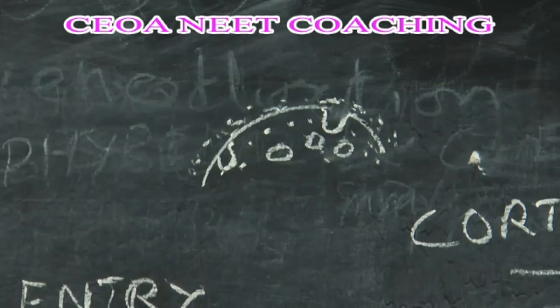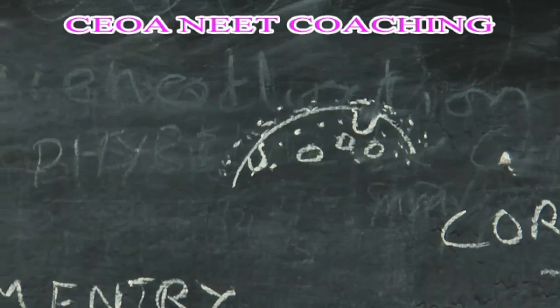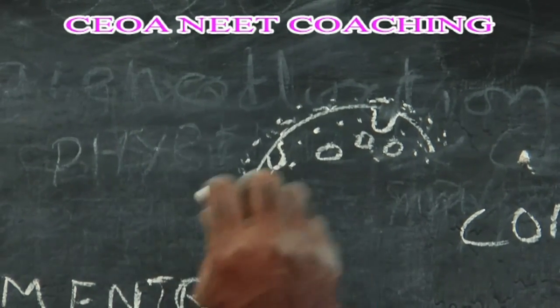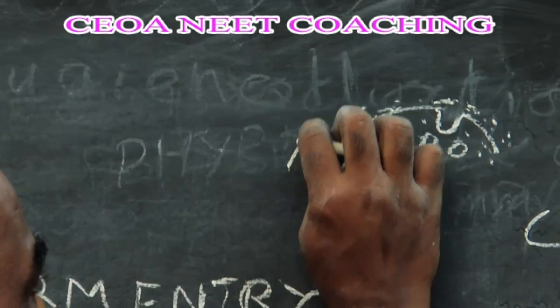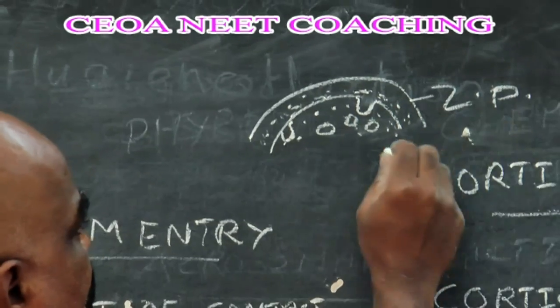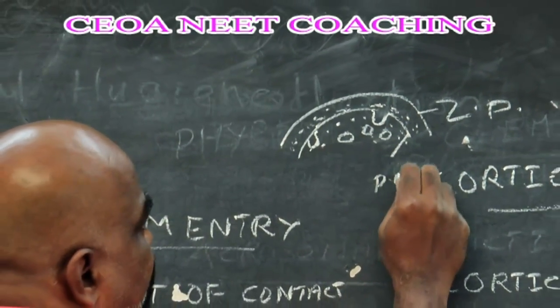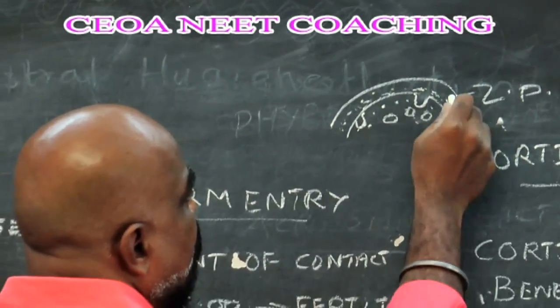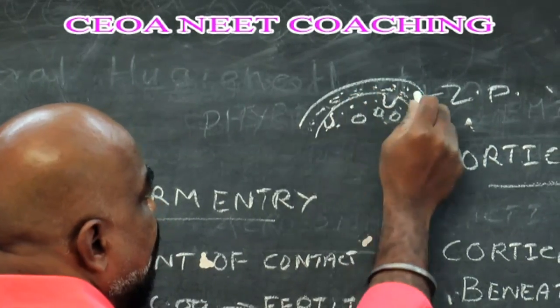This is in between the plasma membrane and the zona pellucida. This is the zona pellucida. This is the plasma membrane. So the granules are releasing their contents in between these two.